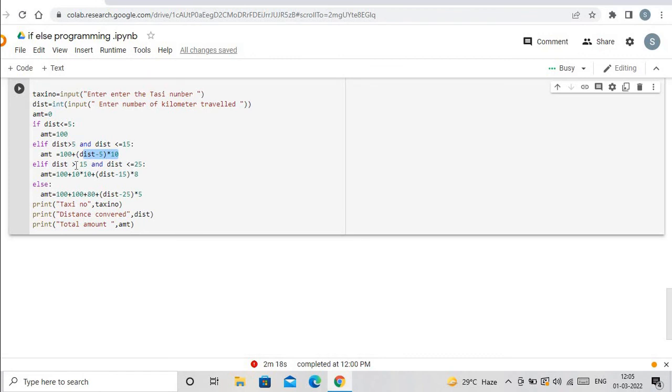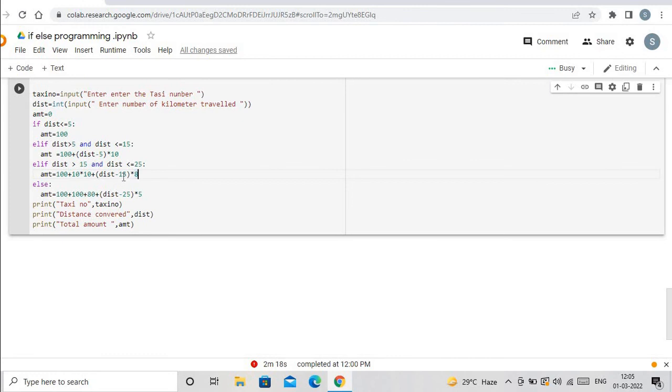नेक्स्ट 15 टू 25 किलोमीटर्स के लिए क्या करना है, फॉर फर्स्ट 5 किलोमीटर्स 100 रुपीज़. नेक्स्ट 10 किलोमीटर्स अप टू 15 किलोमीटर्स तक तो 10 इंटू 10, 100. नेक्स्ट 15 से जो भी ज़्यादा हुआ है, dist minus 15 into 8.